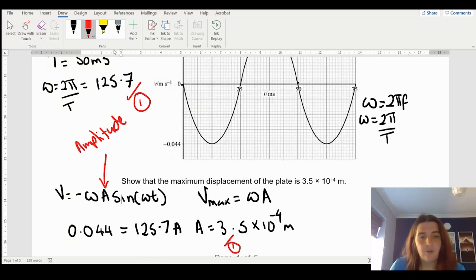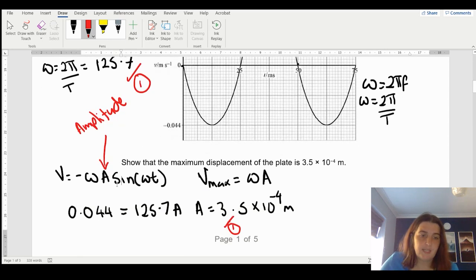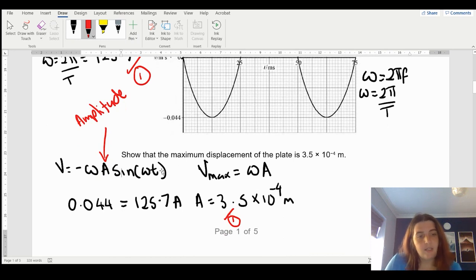But what it hinges on is that when you have a sinusoidal graph like this, using the maximum points is really, really useful. This is the actual equation. If you had an EMF graph, it would be EMF equals BAN omega sine omega t. When it's maximum, this sine omega t bit actually equals 1, so it disappears from the equation.